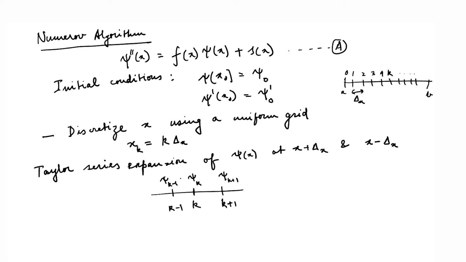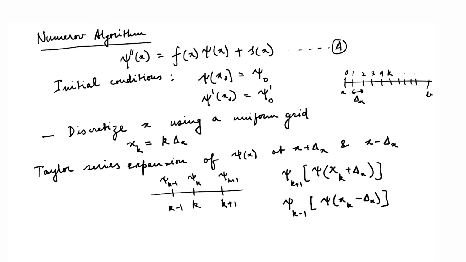So, what I am going to do is write psi k plus 1 as psi x k plus delta x and psi k minus 1 as psi x k minus delta x. And this I will do a Taylor series expansion about x k. So, what I will get is the following thing.